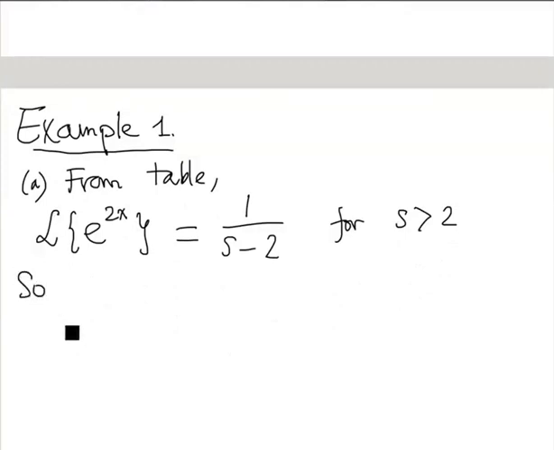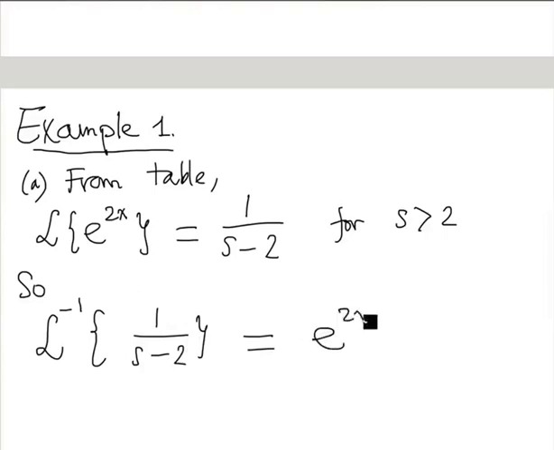So when we take the inverse Laplace transform of 1 over s minus 2, the Laplace transform goes from e to the 2x to 1 over s minus 2. So the inverse Laplace transform goes backward. We are given 1 over s minus 2. So the inverse Laplace transform produces e to the 2x.